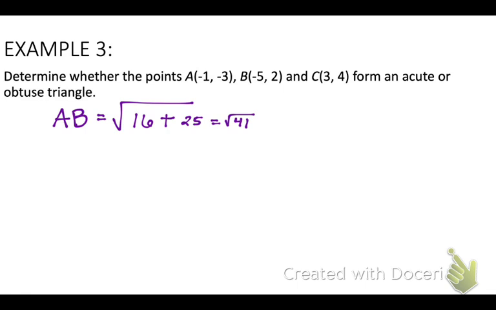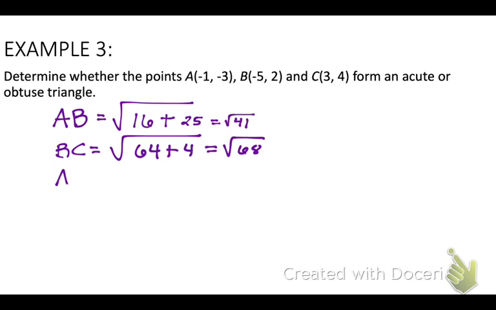I'm going to do the same thing from B to C. So 3 plus 5 is 8. 8 squared is 64. 4 minus 2 is 2. Squared is 4. That gets me 68. Right now, which one's the bigger of the two? BC is bigger, right? Does everybody see that BC is bigger? Square root of 68 is larger than the square root of 41.